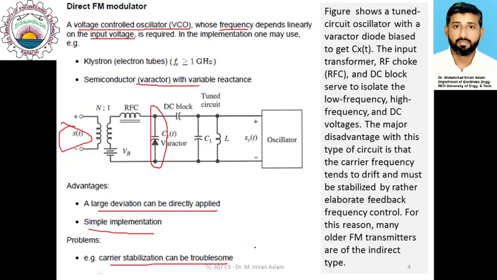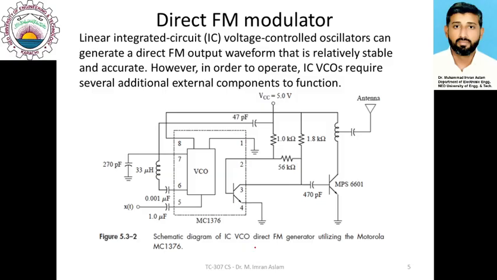Sometimes the carrier frequency tries to drift off its free-running frequency, which creates problems in the FM transmission. In order to overcome that problem, generally we now use integrated circuit based VCOs.